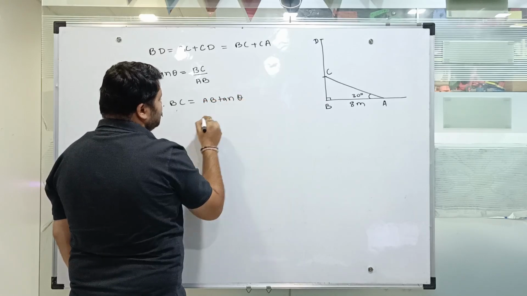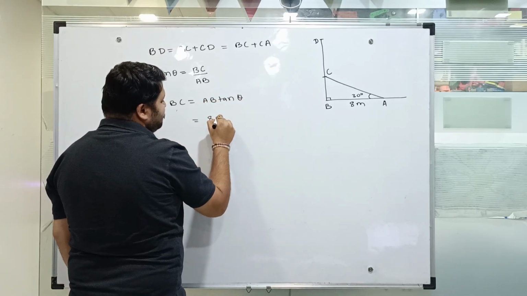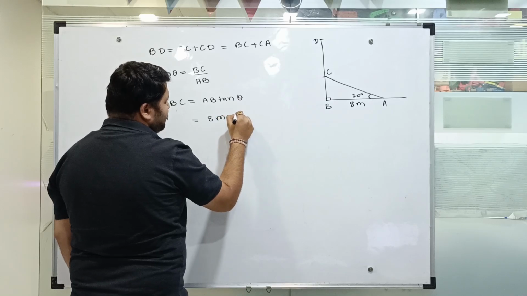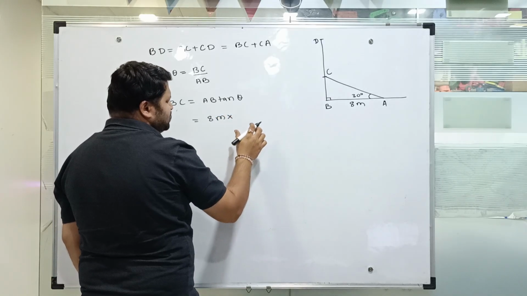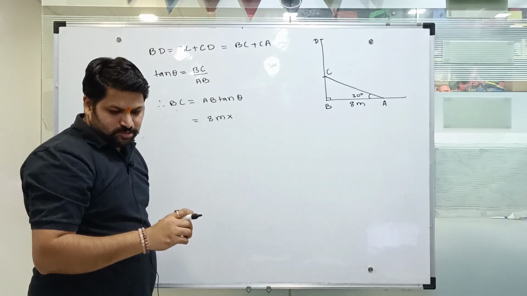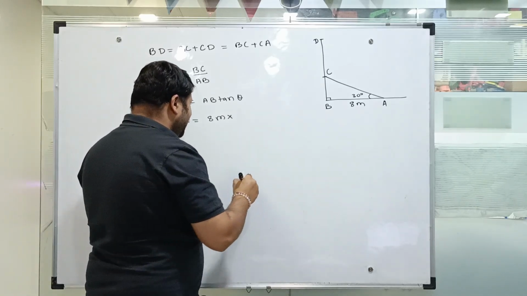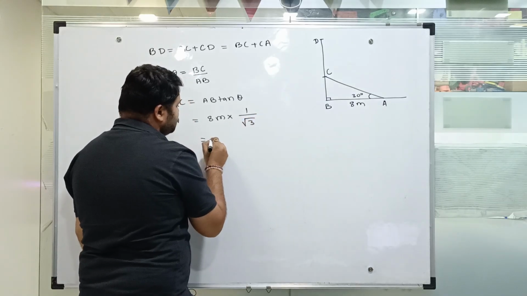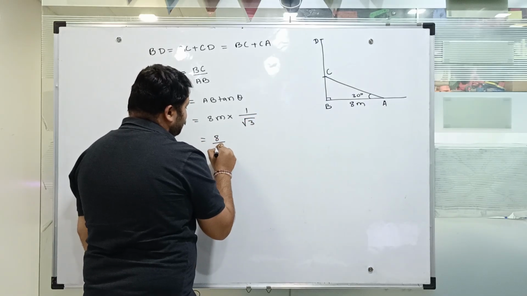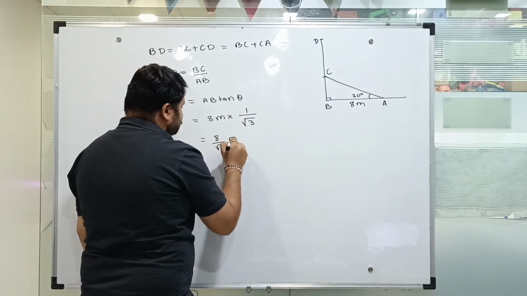In this case theta is 30 degrees and AB is 8 meters. So it is 8 meters multiplied by tan 30 degrees, which is 1 upon root 3. So it is 8 by root 3 meters.